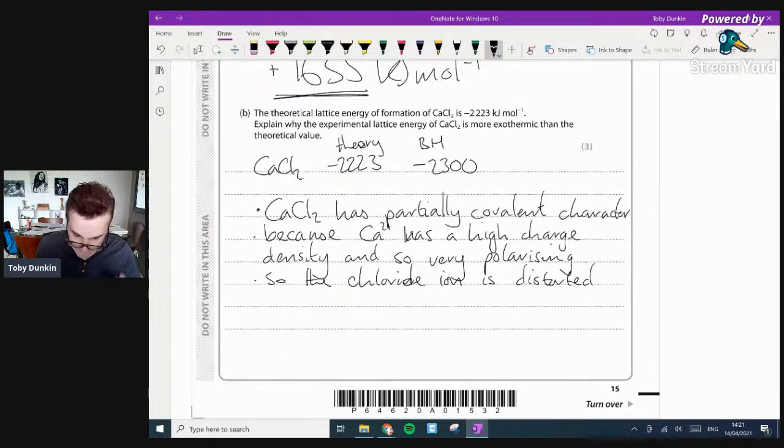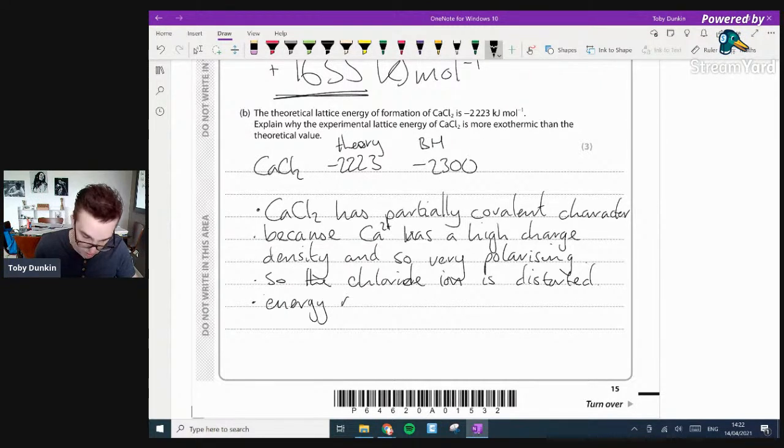Now, the last bit is to therefore say, the lattice enthalpy requires more energy to break. So we're forming stronger bonds, which requires more energy to break. I can actually do the converse, energy to break, but they want me to say why it's more exothermic.